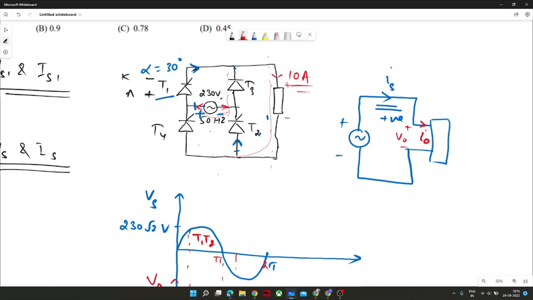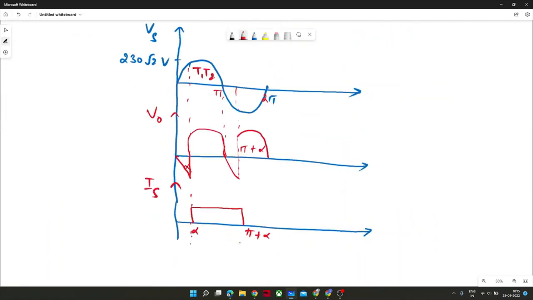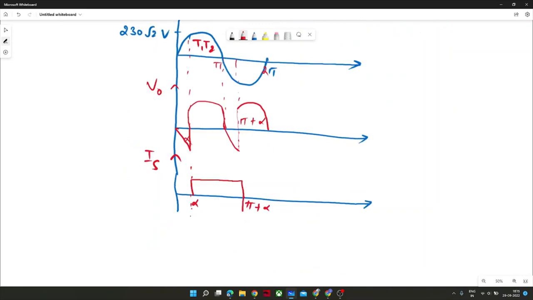And after that, when T3 and T4 were conducting, then IS is equal to minus I naught. If you identify the current direction here, T3 and T4, it would be opposite of I naught. So let me draw this from alpha to pi plus alpha, and in similar manner for the other part as well.